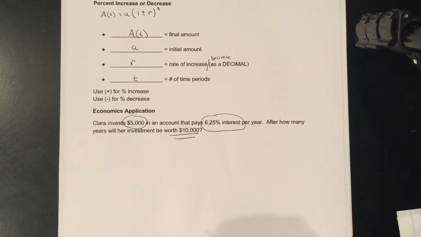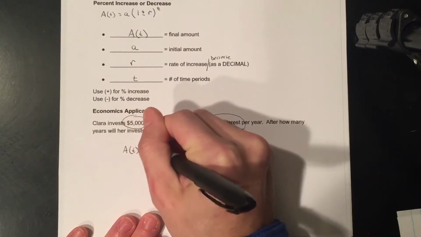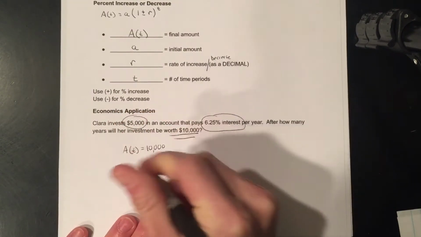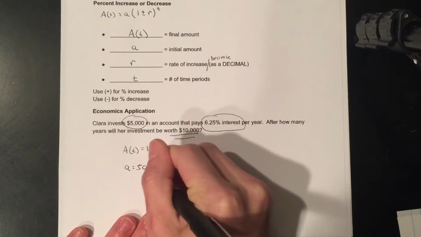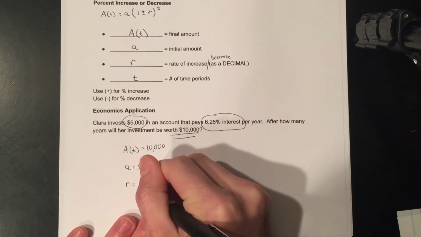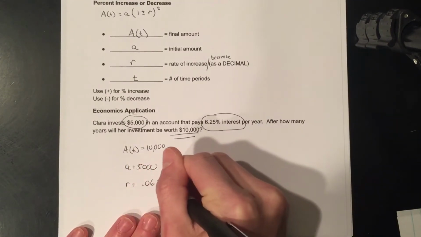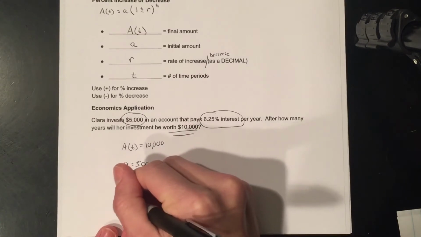So putting this into our equation form, I know A of t is going to be 10,000, my final amount. The little a, my initial amount, was 5,000. My rate is 0.0625. Remember, I'm putting that percentage as a decimal. And t is what I don't know. t is the number of years.